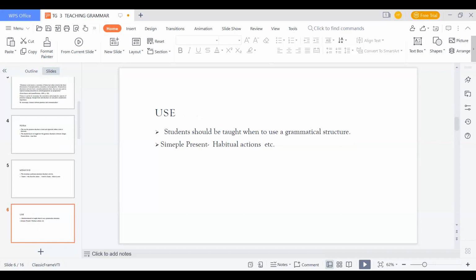If you want to compare two people or two things, it's the comparative degree of adjective. Like that, you have to give them meaning and use as well. So when you describe graphs, you can use comparative and superlative. So you get them to describe a graph. They know what structures to use. Otherwise, they're stuck.